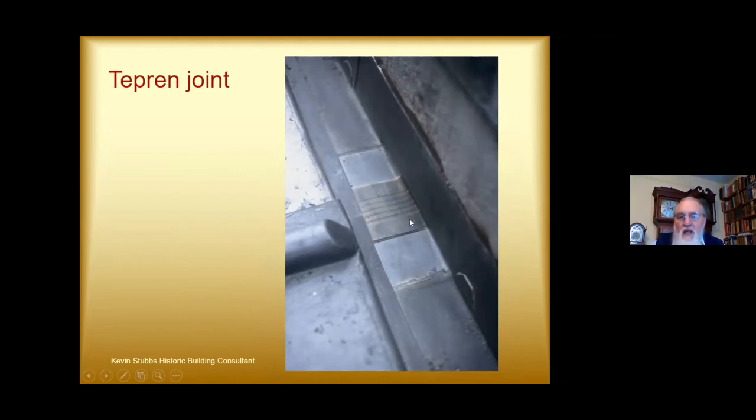Basically, it's a piece of rubber-like material used for diving suits, a very strong material. It's bonded to lead, which is then lead welded to the runs of lead. And this will allow expansion and contraction.